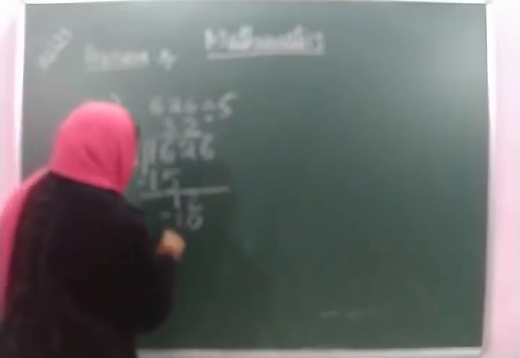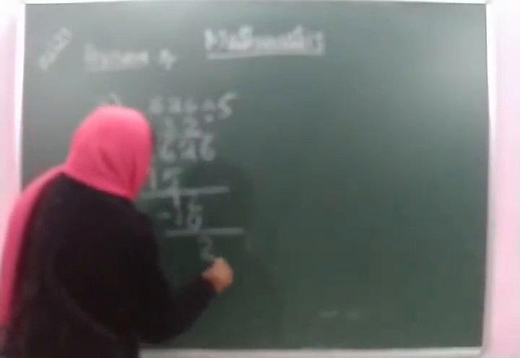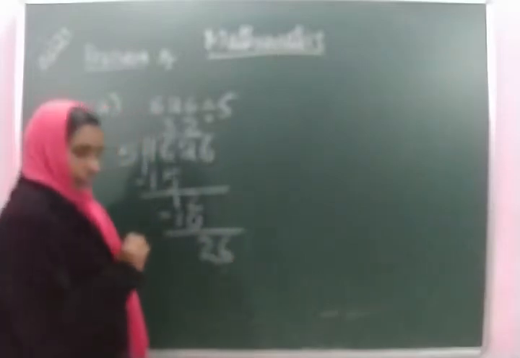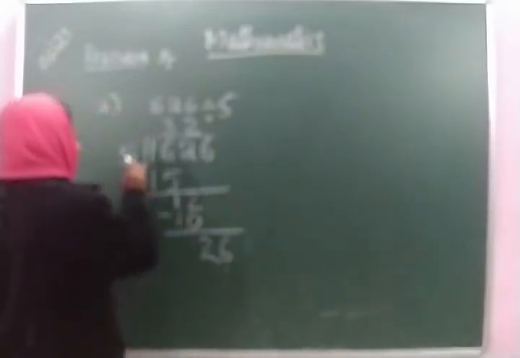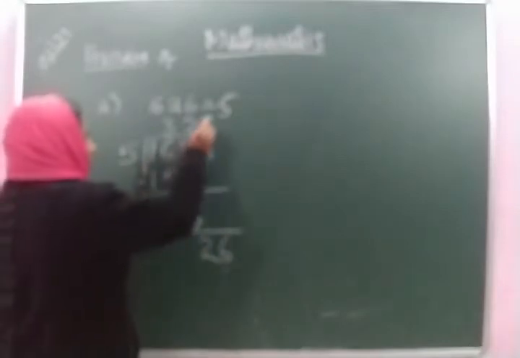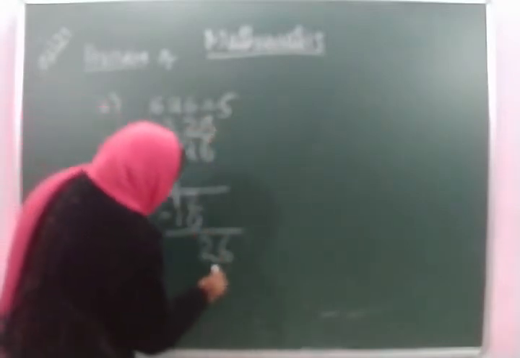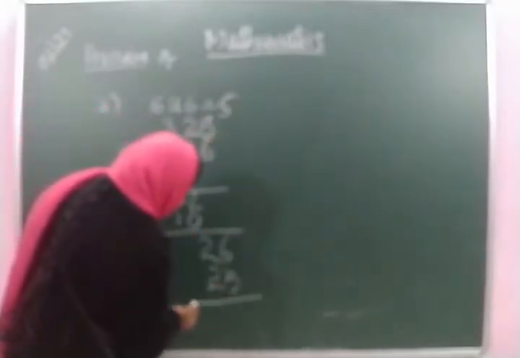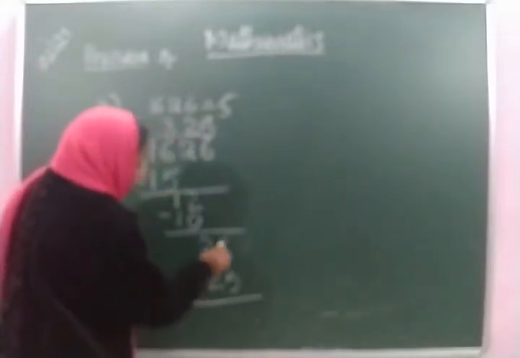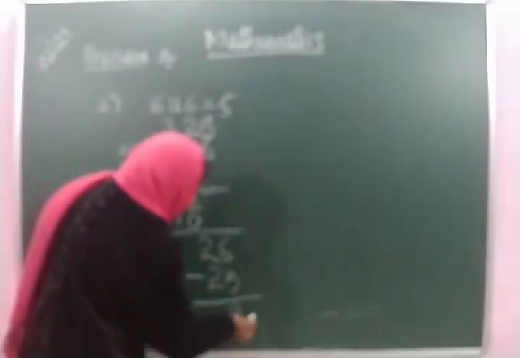Then subtract, 12 minus 10, 2. Then 6 comes down. How many 5s are in 26? 5. 5 5s are 25. Then subtract, 26 minus 25, 1.